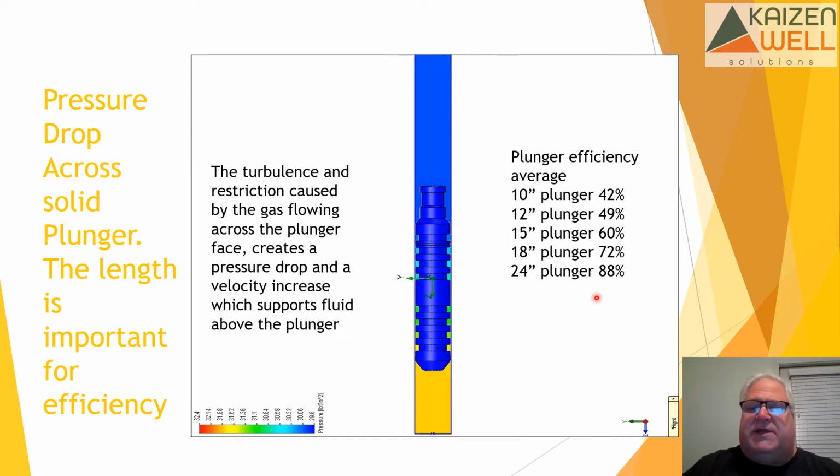But what was quite interesting is when we got up to here with a 24-inch plunger, where we had a seal that was close to 24 inches long, we were almost as efficient as an average dual pad plunger. There was a time that we built some 90-inch long plungers that were designed to span side pocket mandrels.